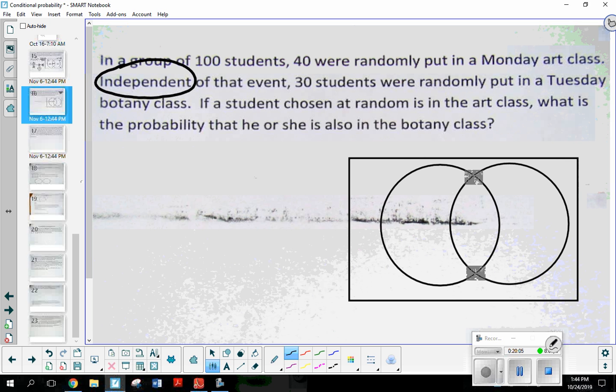Remember yesterday we brought up the idea of independent events, and we said that if they are physically independent, they are mathematically independent. Now, because we are told that these two events are independent, I can use this here. I know the probability of the intersection should equal the probability of A plus the probability of B. But you can only use that rule if you are certain they're independent. Okay, so with those two hints, I'm going to give you a little bit of time. And let's see if we can come up with the right answer.